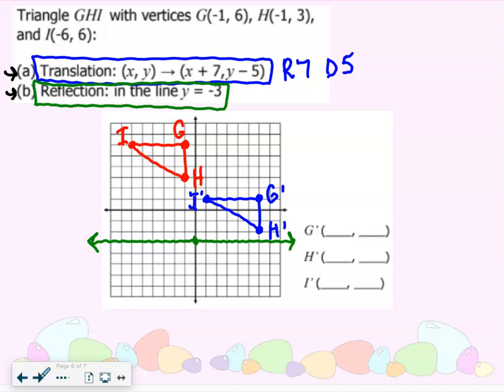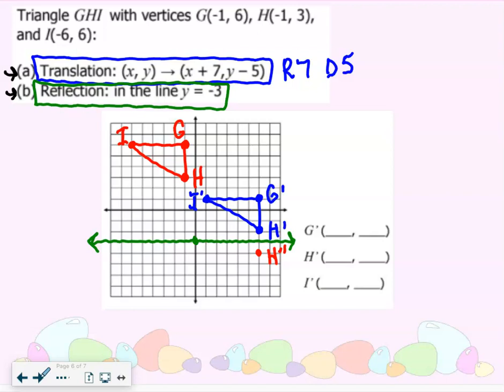And if you remember from yesterday, when you reflect, we just count how far away each of our points are from our line of reflection. Since H is 1 box away, I'm going to go 1 the other direction. And now I have H double prime because it is our second transformation, so we're going to do 2 little tick marks instead of 1.